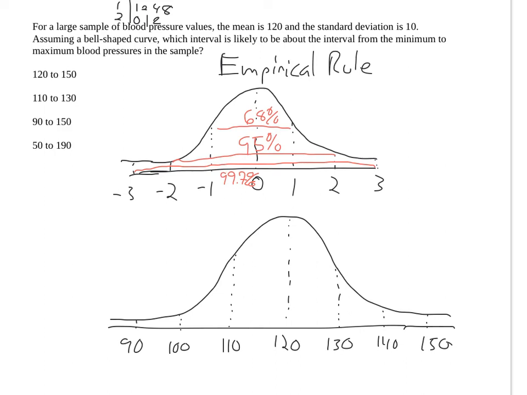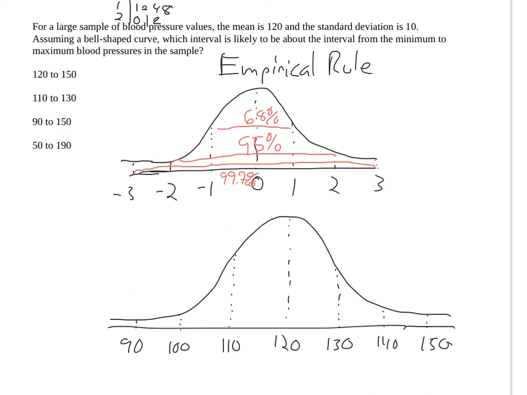So it's the interval that's likely to be about the interval that goes from the minimum to the maximum. Should be 3 standard deviations below to 3 standard deviations above. So we have the mean here. 1, 2, 3 standard deviations. We're going to go from 90 to approximately 150. And look at that. That is an answer option.